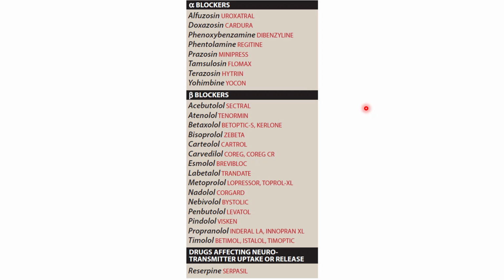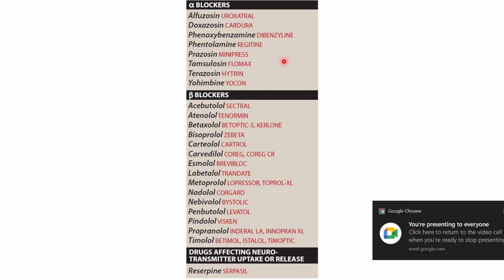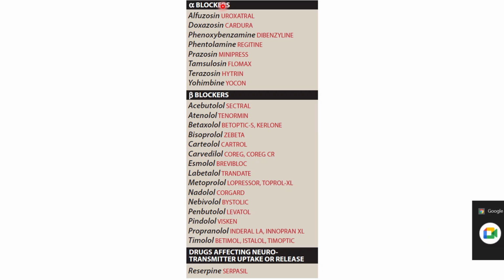All the direct adrenergic antagonists are divided into alpha adrenoreceptor antagonists, or alpha blockers, and beta blockers. Beta blockers block beta receptors, alpha blockers block alpha receptors.